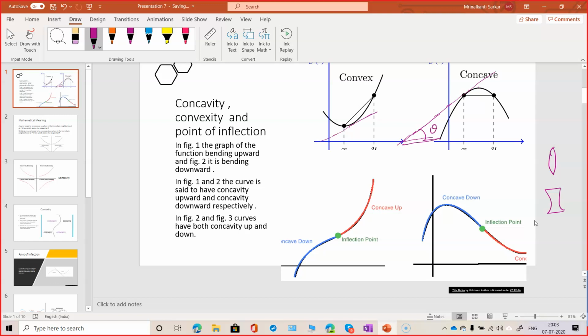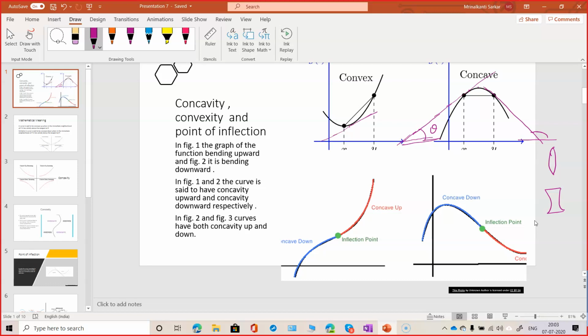After that, if you draw a tangent, you will see that the slope of the tangent is negative. So here the change is going to be negative. So a curve is concave downward if the value of dy by dx changes in such a manner that this change becomes a negative quantity.